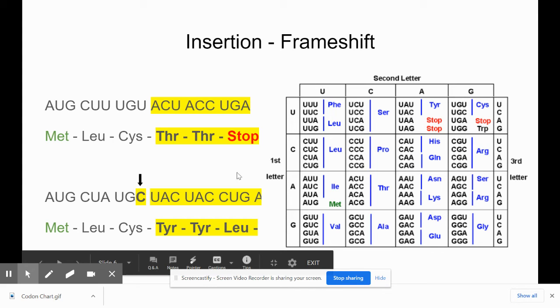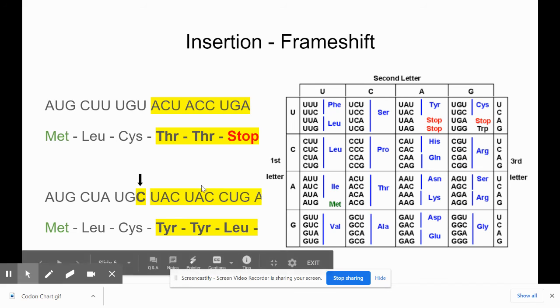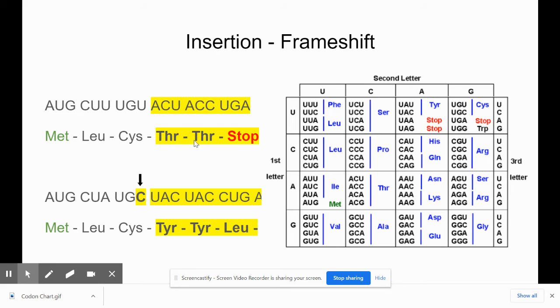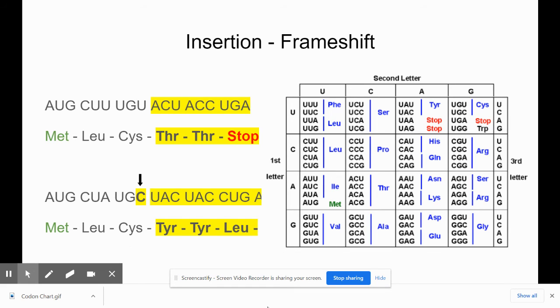The consequence of this is that every amino acid from this point on is going to be different than what it originally started out to be. So instead of being a cysteine, threonine, stop, it becomes a cysteine, tyrosine, leucine, and who knows what as the messenger RNA codons continue on here. So from the cysteine amino acid on, the amino acids are completely different.